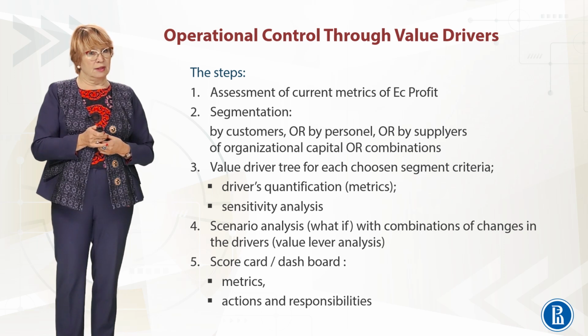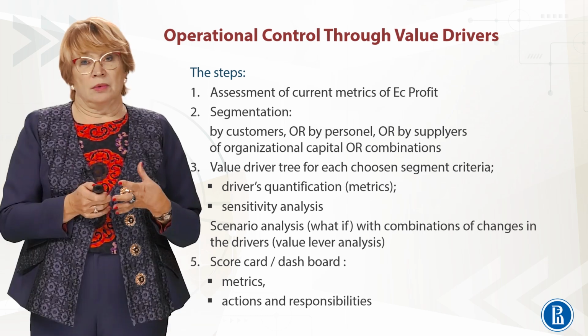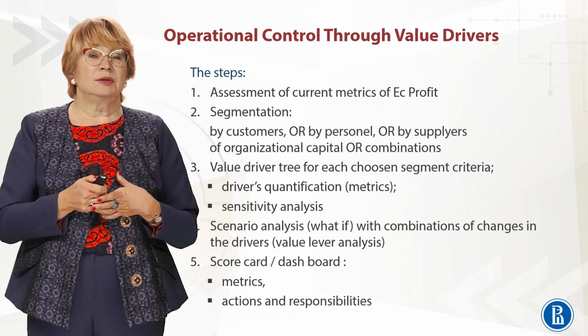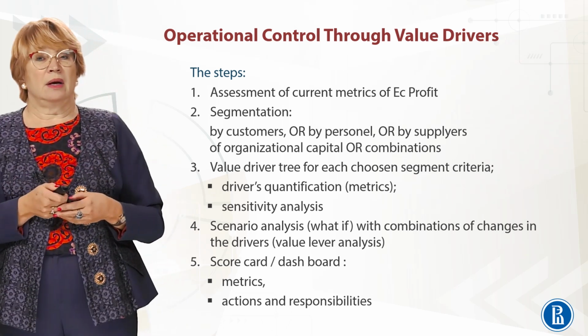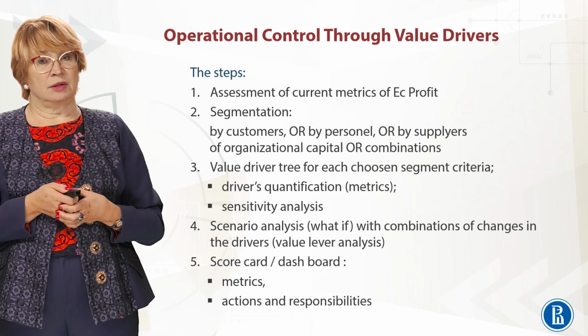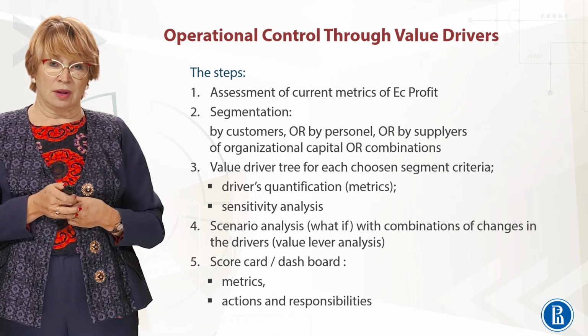And then, of course, at the next step, you will identify which one is more important. You could segment your business by customers, by the types of your personnel, by the types of your suppliers, or by the types of some other components of your organizational capital.